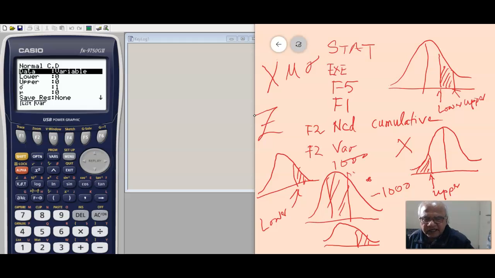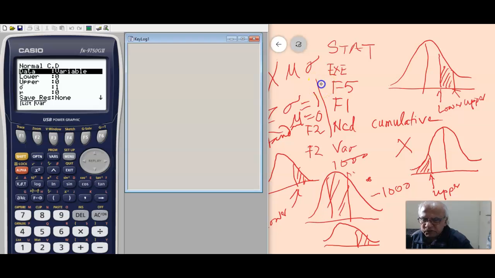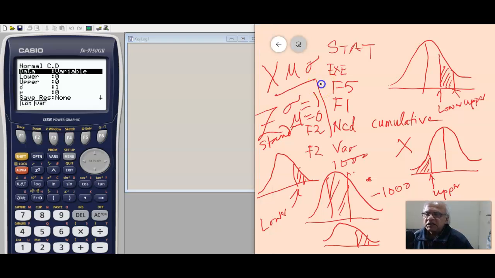But for the Z value, which is the standard normal value, you got to understand that sigma is always 1 and the mean value for the standard distribution is 0. This is one thing you got to be absolutely clear about.